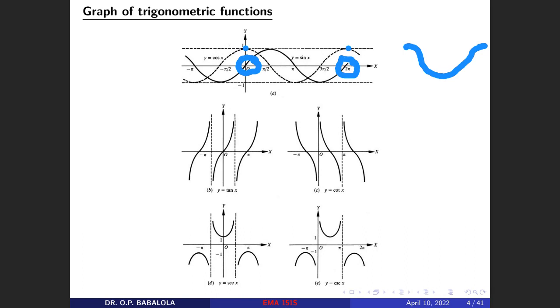And the same thing applies to the graph of sine. Let's say you're told to represent your graph of sine function from 0 to 2 pi. How is it going to look? It's going to take this shape. Oh, sorry about this.